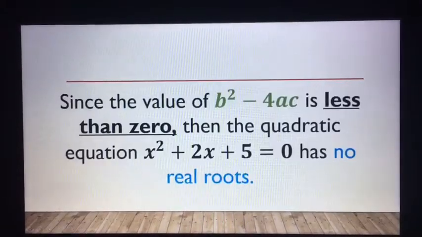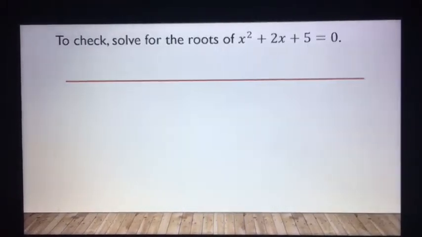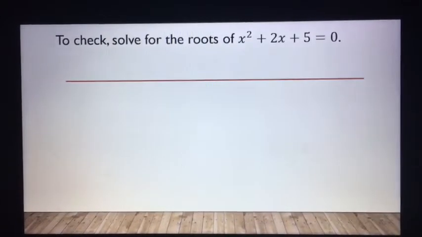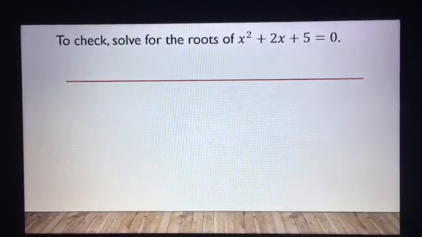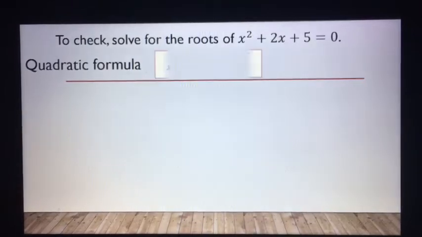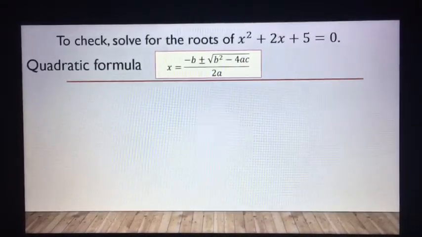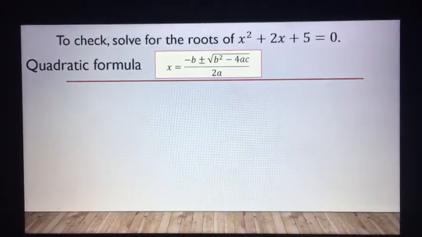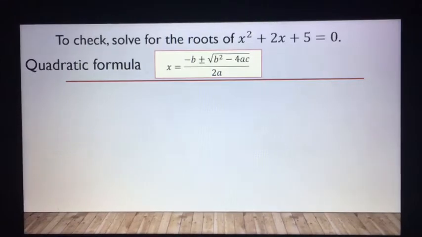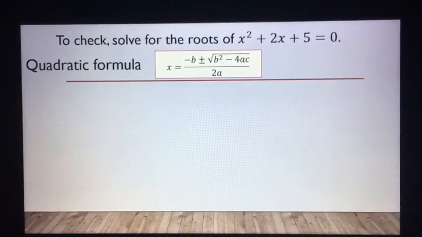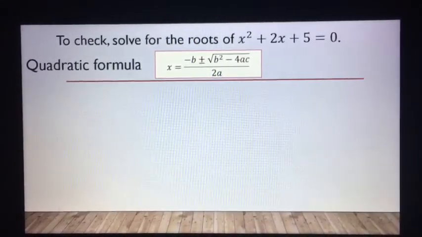So, check ulit natin. To check, solve for the roots of x squared plus 2x plus 5 equals 0 gamit ang quadratic formula. Anyway, pwede po tayong gumamit ng iba pang way of solving the roots. Pwede pong by factoring. Depende po kung ano yung mas madali para sa inyo.